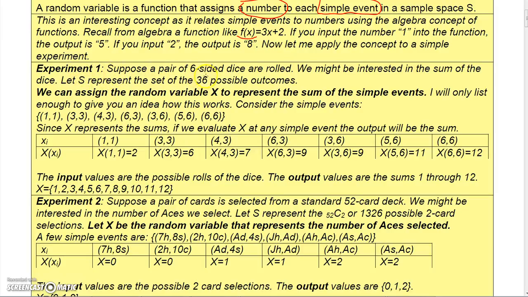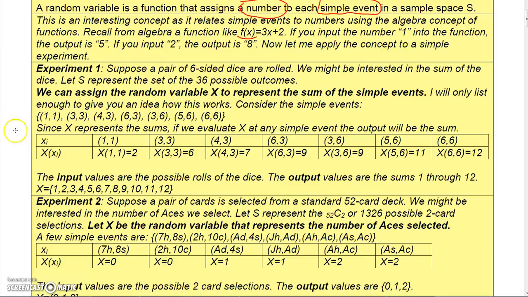Suppose we toss a pair of 6-sided dice, and we're interested in the sum of the dice. Well, let's let S represent the set of all 36 possible outcomes. We could assign the random variable to represent the sum of the simple events. Now, I'll just give you enough to give you an idea.